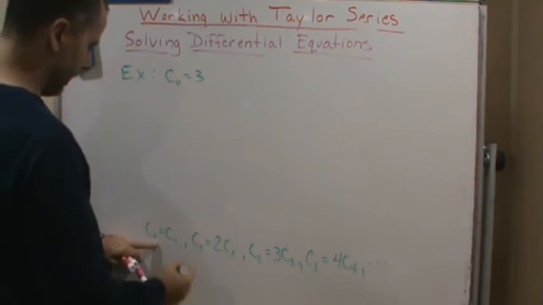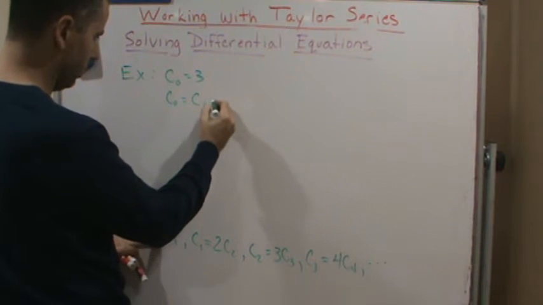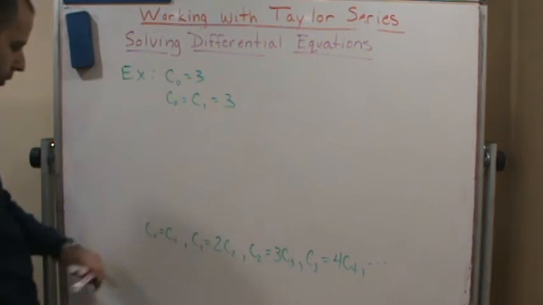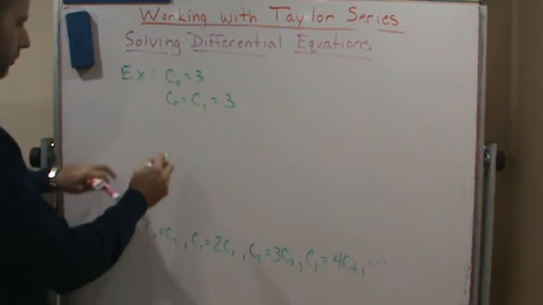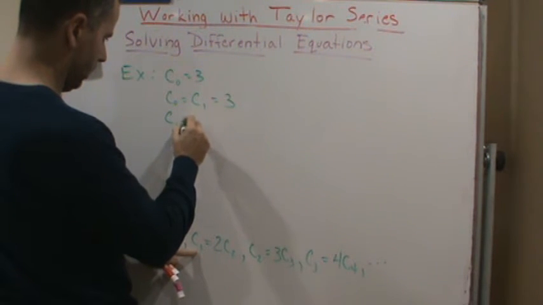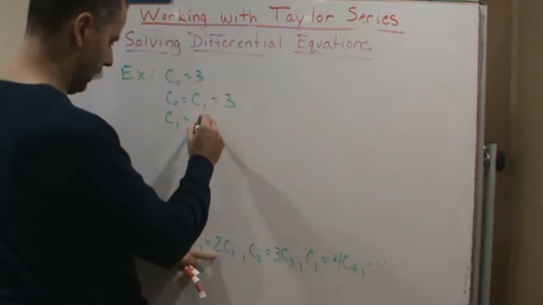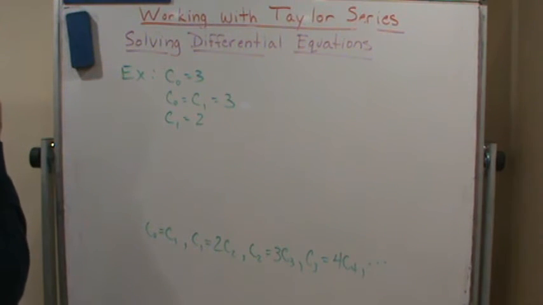We know that c sub 0 equals c sub 1, which equals 3, right? Hold on, let me think.